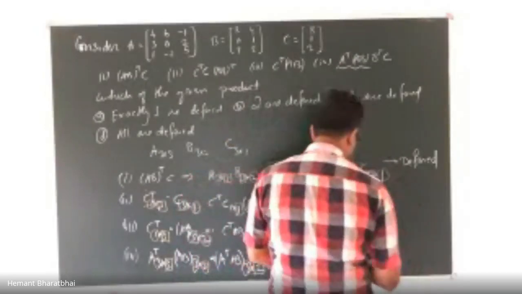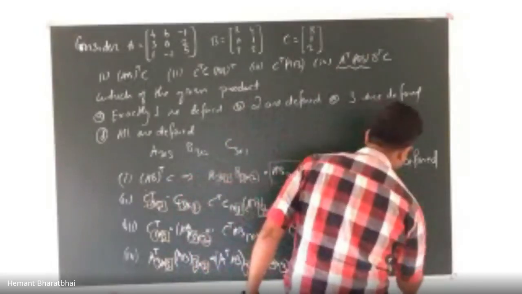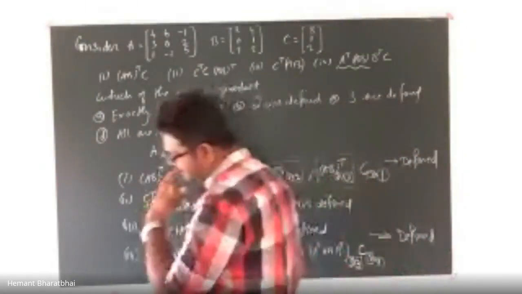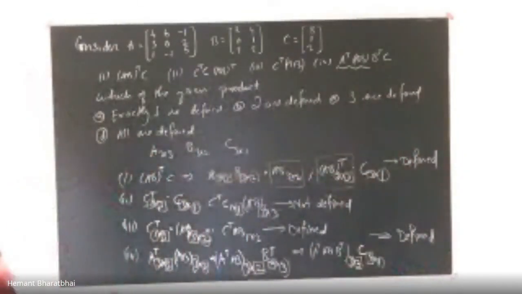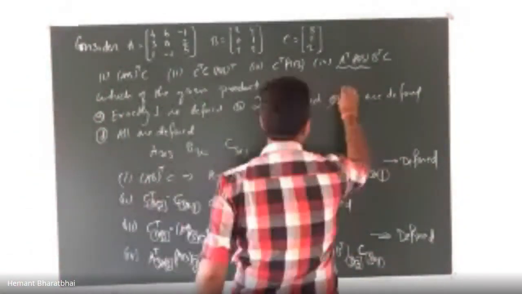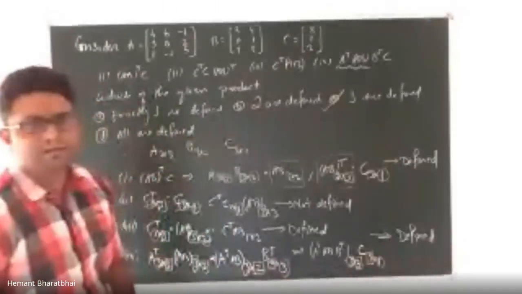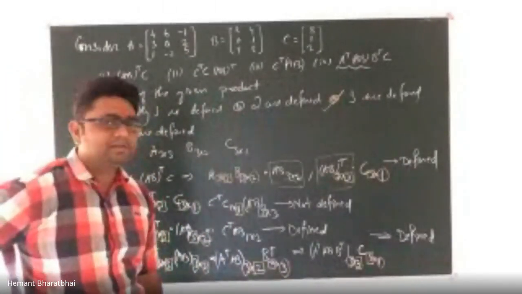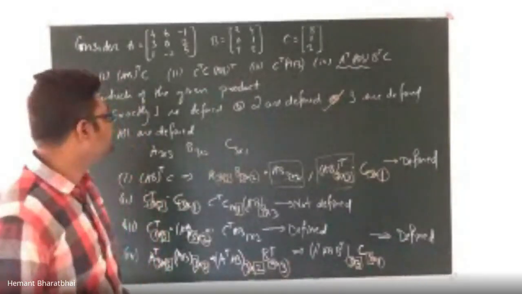This is a 3 by 1, and therefore this is also defined. So what is our answer? 3 products are defined and 1 product is not defined. So answer will be option number C. So the answer to the given question is option number C, that 3 products are defined.